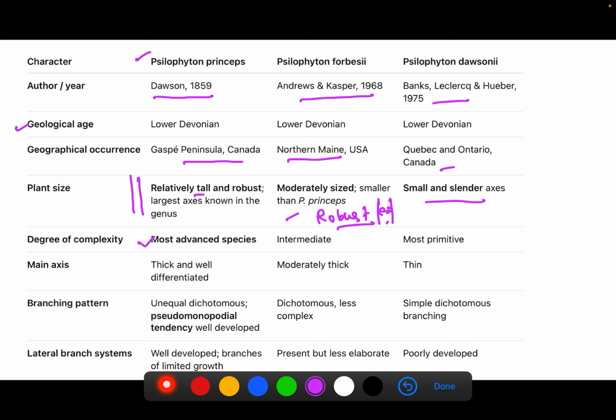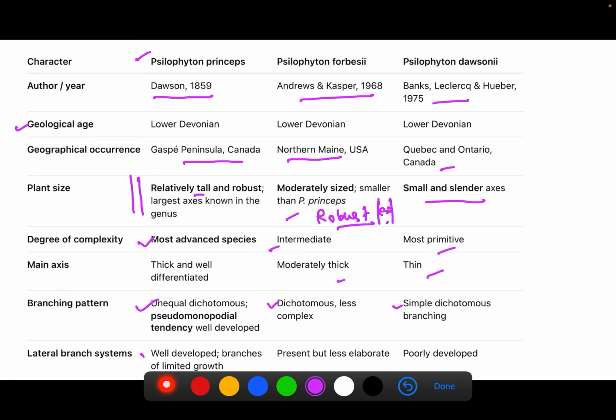This is the most advanced species in terms of complexity, this is intermediate, and this is the most primitive structure. Main axis: here we have said thick and well differentiated, moderately thick, and thin. Branching pattern: unequal dichotomous, dichotomous, and simple dichotomous.